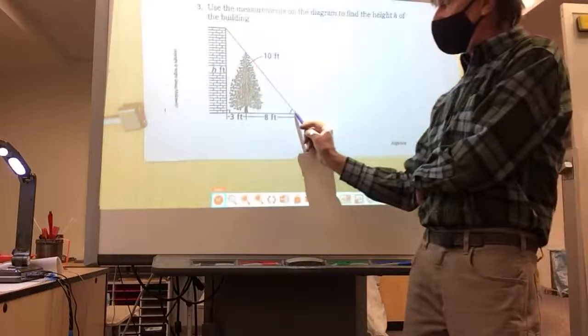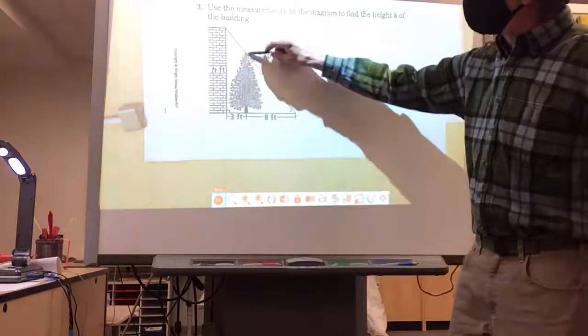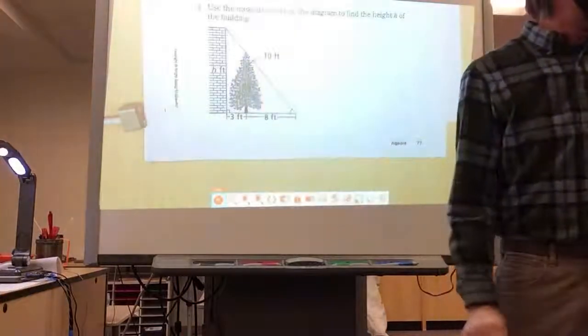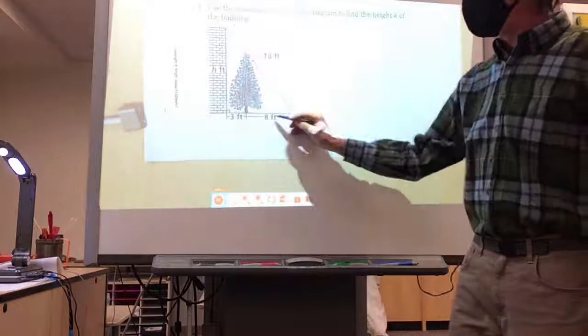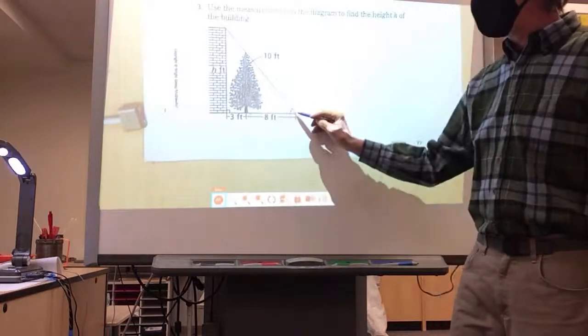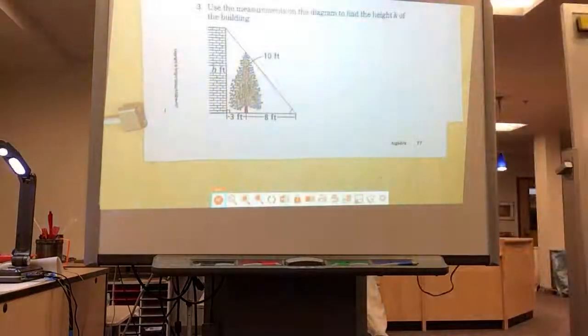So imagine if you were laying on the ground and you were looking up at the tip of the tree and you lined it up with the very top of the building, and then you measured how far away you were from the tree and how far you are from the building, then you would have 2 similar triangles. And we can use this idea of means and extremes.